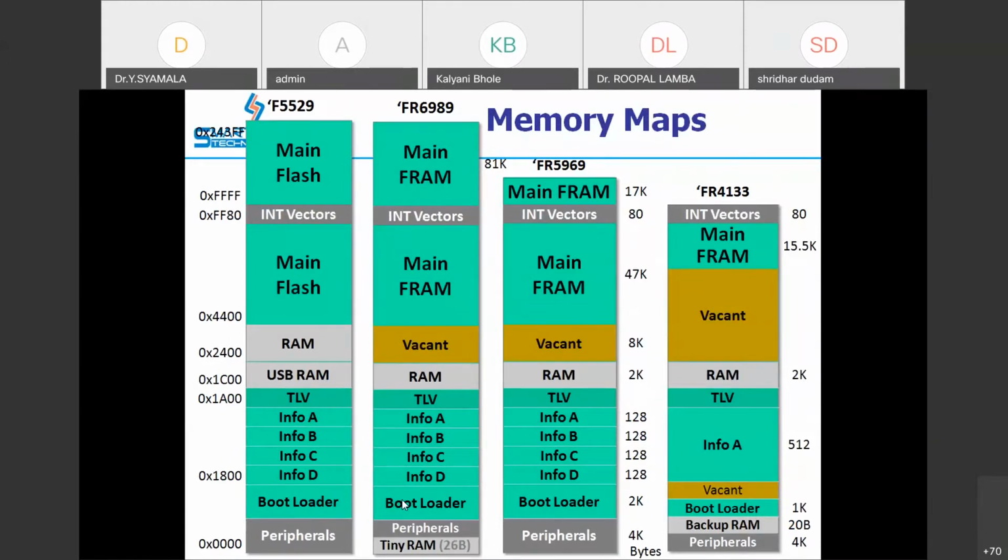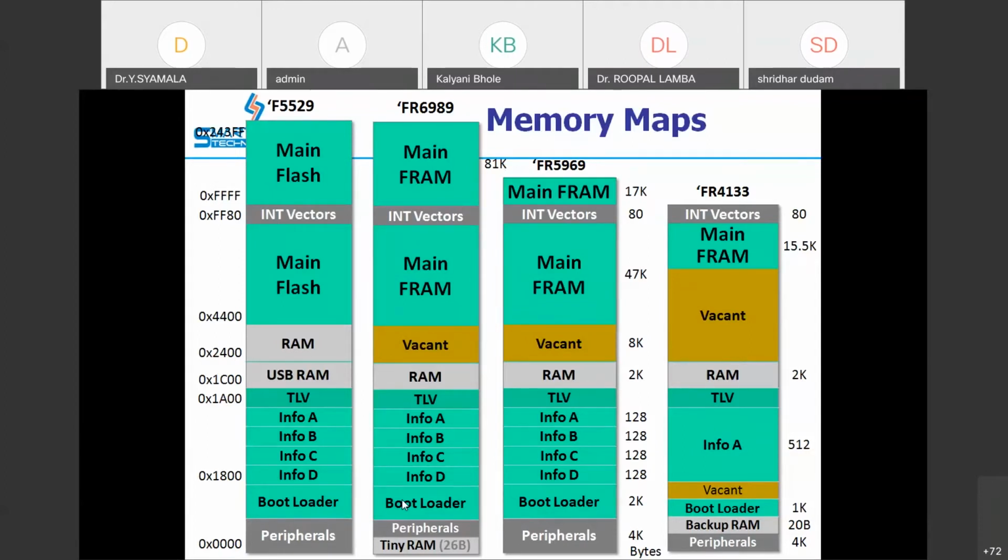The rest of the memory map is more or less similar. At the bottom we have peripherals, then the bootloader, then information memory, then the normal RAM. For general purpose data storage and read-write, we can use the RAM.